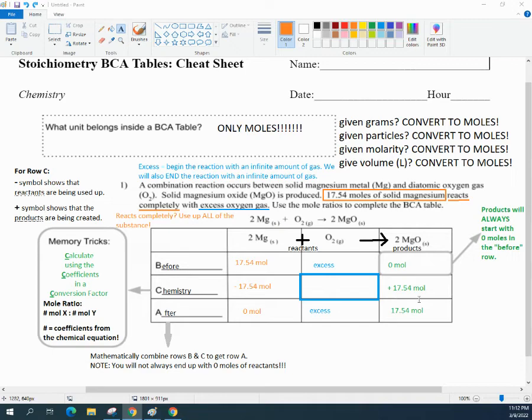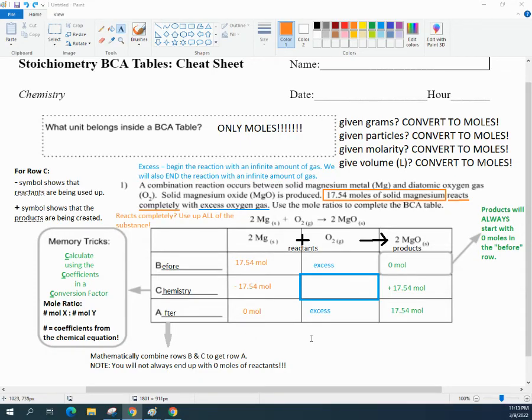So let's go ahead and put together the dimensional analysis to figure out this box. We are going to use the SUCS method to figure this out. Again, you don't need to do this, nor do you need to actually show your work for this in the future, but we do need to know how we get from point A to point B. So we are trying to figure out moles of oxygen, but we were given moles of magnesium. So we're going to be using what was given to us in the formula.